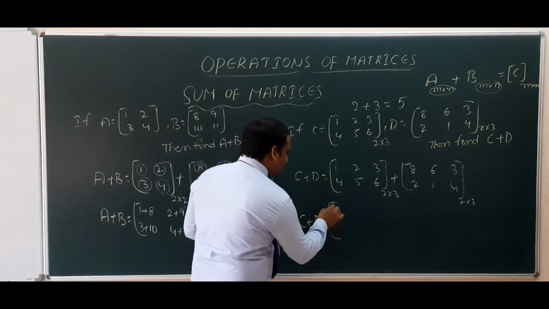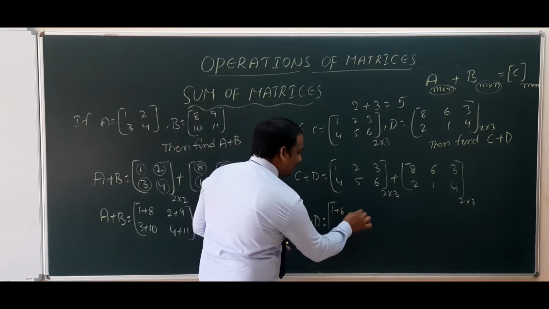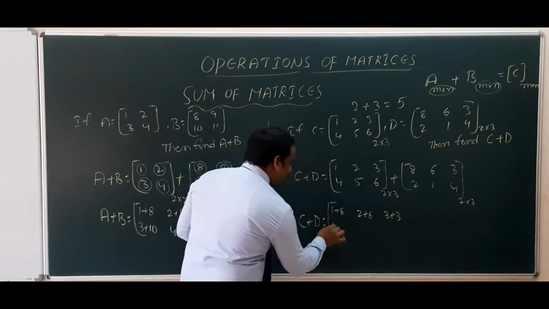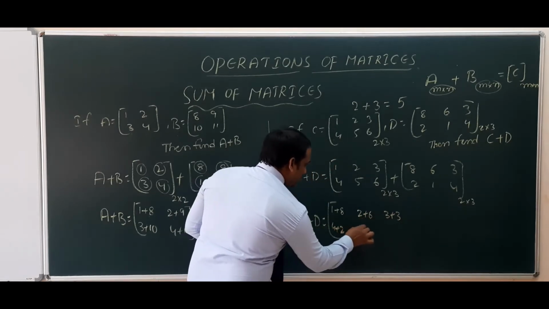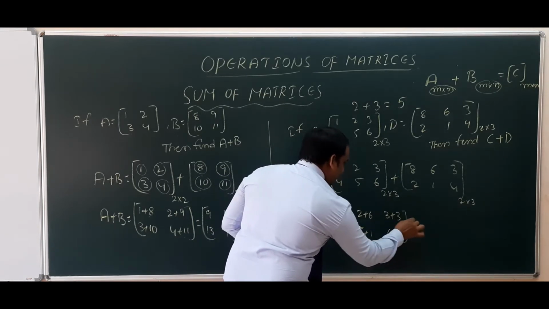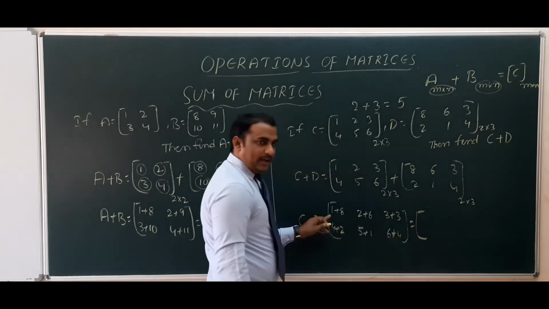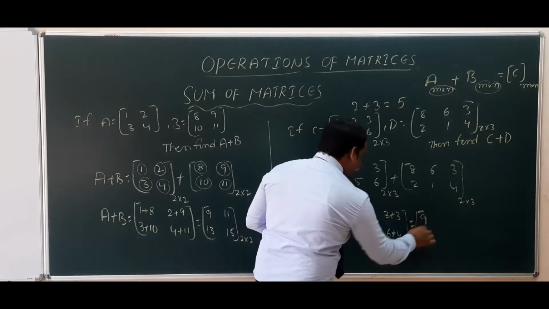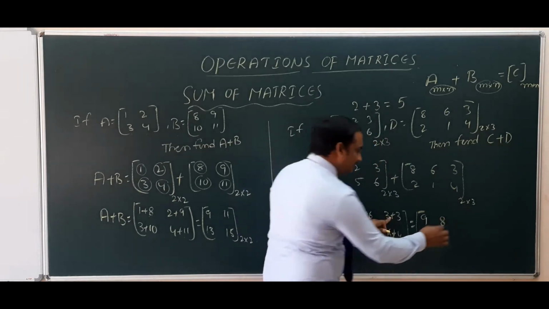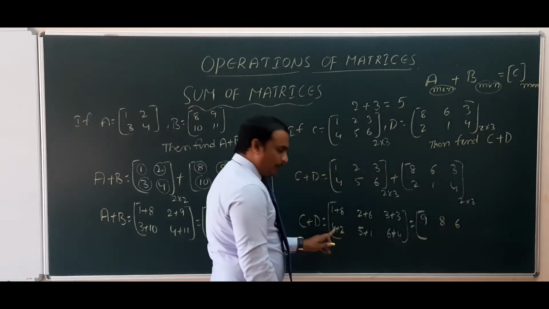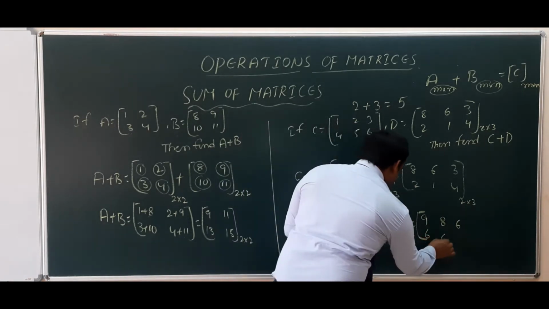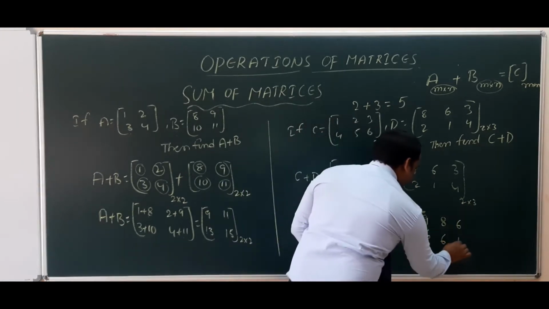What is the sum of corresponding elements? 1 plus 8, 2 plus 6, 3 plus 3, 4 plus 2, 5 plus 1, 6 plus 4. Equal to: 1 plus 8 is 9, 2 plus 6 is 8, 3 plus 3 is 6, 4 plus 2 is 6, 5 plus 1 is 6, 6 plus 4 is 10.